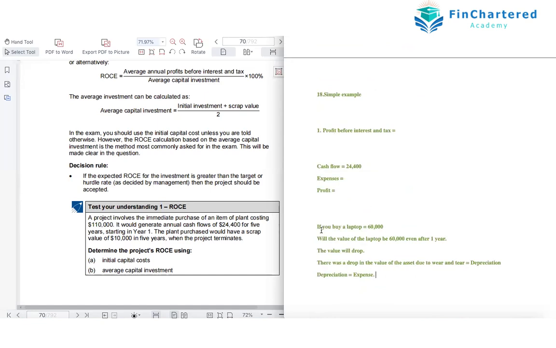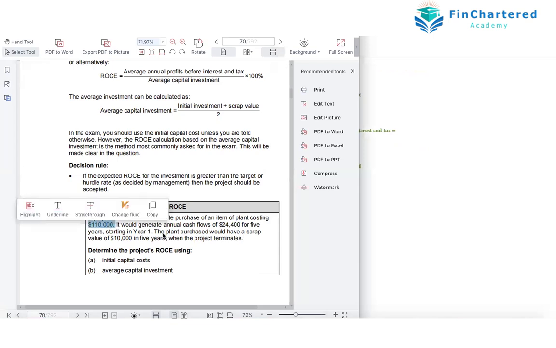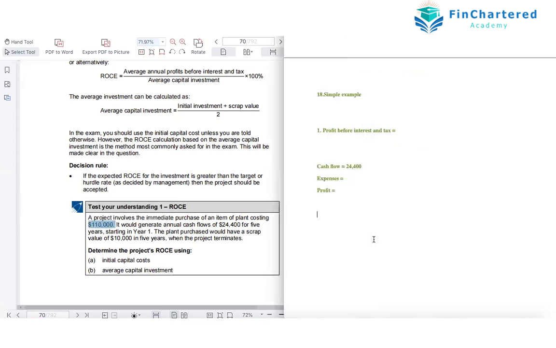Again, we just saw that depreciation is an expense. We bought the asset for 110,000, out of which there is a scrap value of 10,000, meaning that is the value at the end of the life after all the depreciation. So 10,000 will not get depreciated.